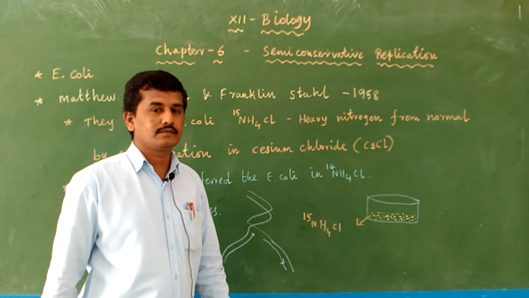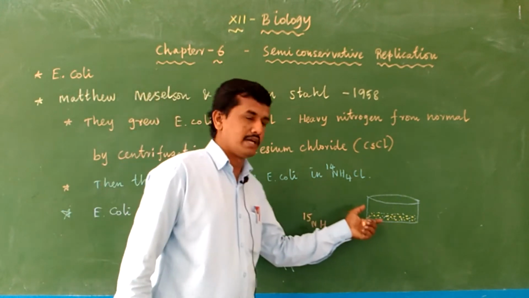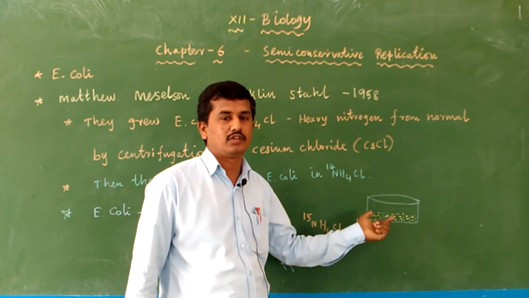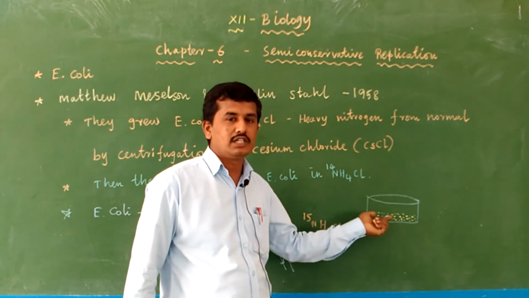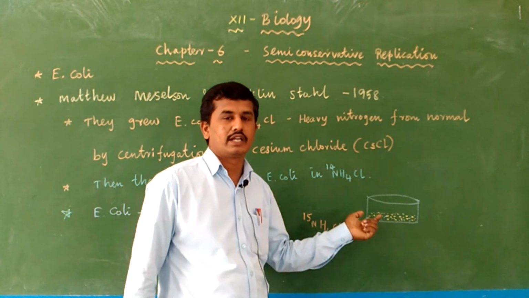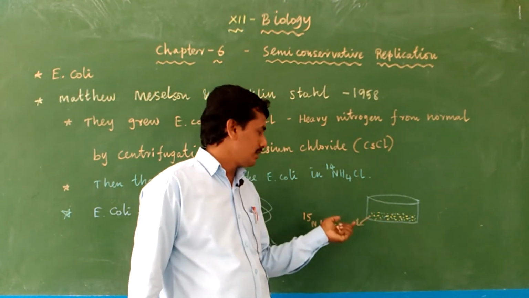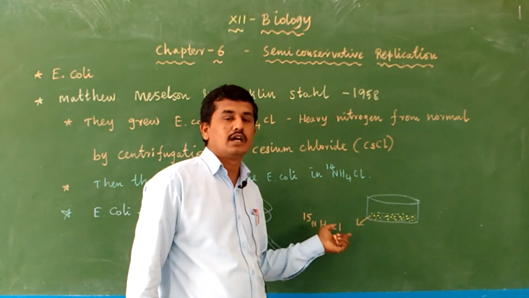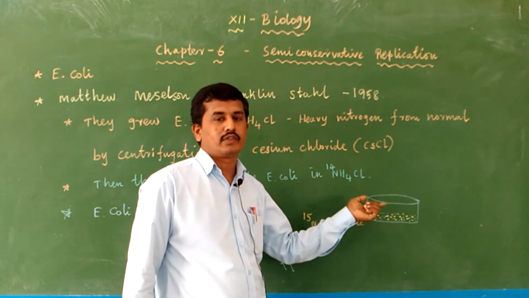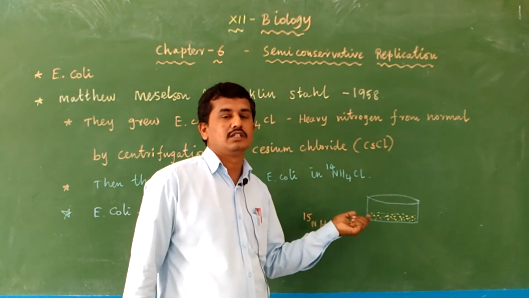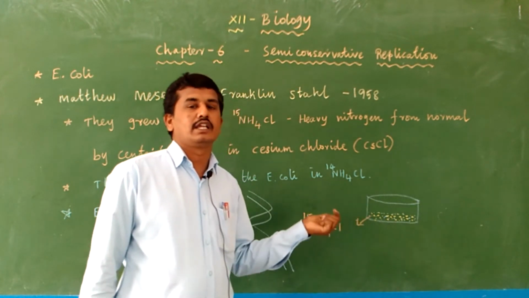Okay, are you clear? So normally we grow a bacterium in a petri dish, as the scientists Meselson and Stahl did, and for nutrition some other chemicals like agar-agar are also added. Among the chemicals, ammonium chloride is also added, whose nitrogen is actually N15.